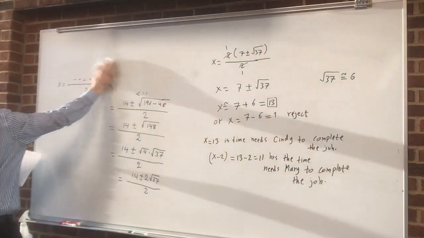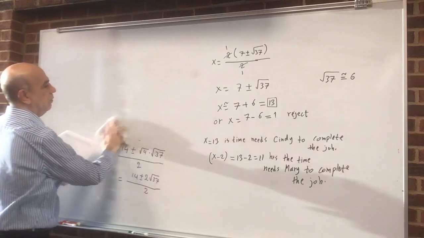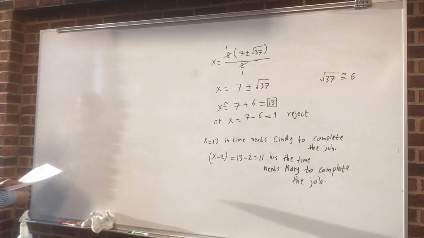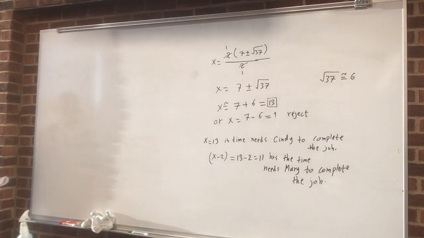Another problem, the last one of this section. Sarah drove 330 miles from her hometown to Chicago, so this is the distance from her hometown to Chicago.